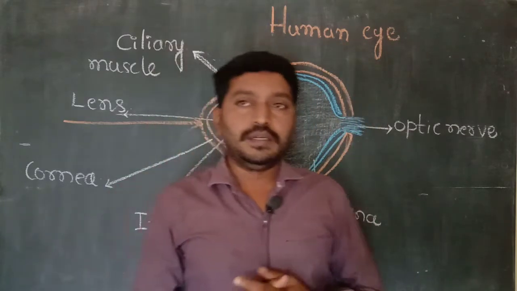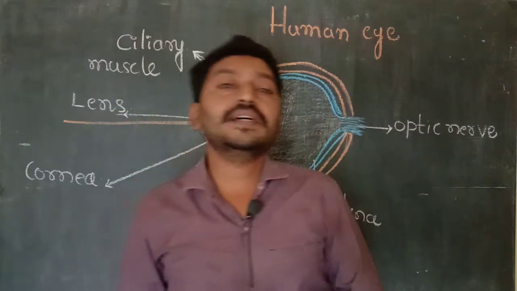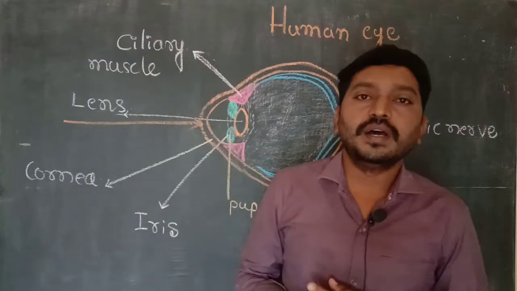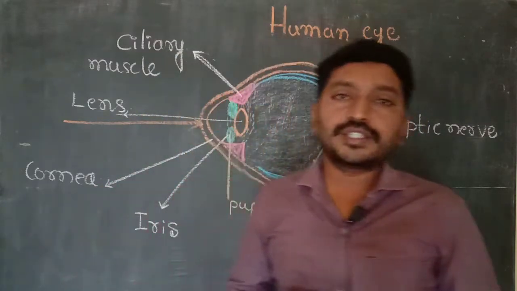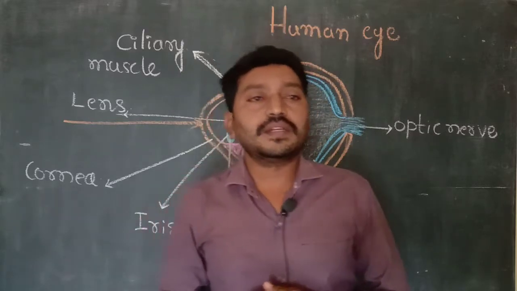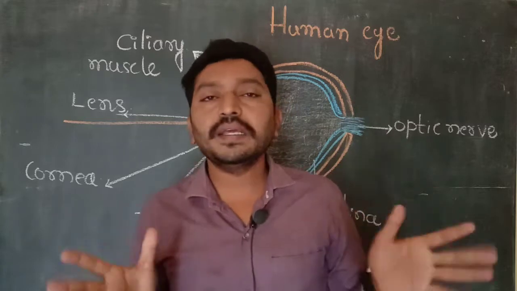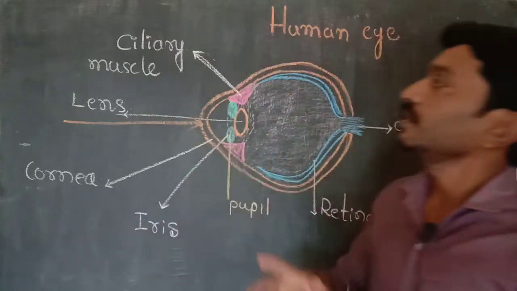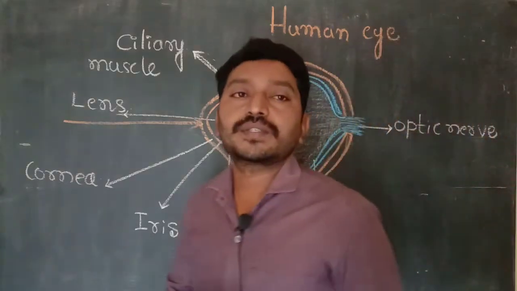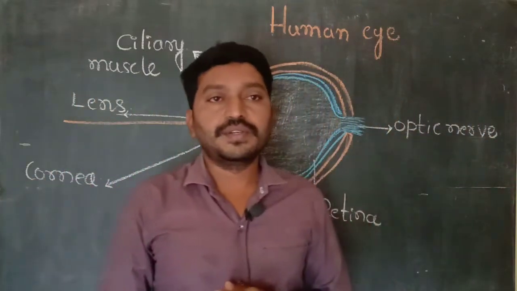In the last session, we already discussed some important concepts related to light. Today, let us learn another very important concept, that is the human eye, right? Students, we have five sense organs, right?